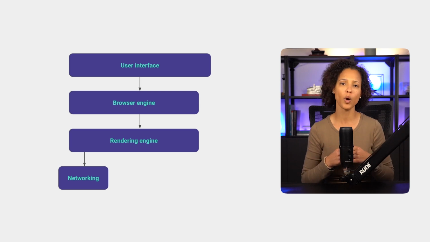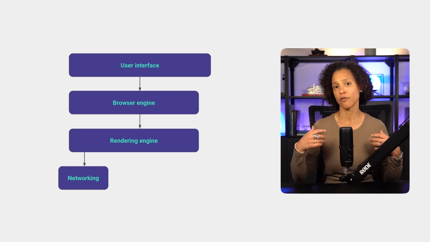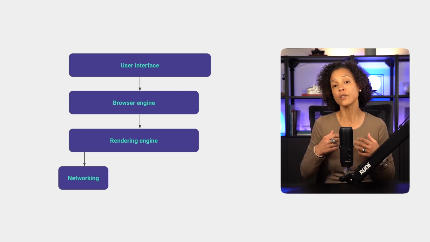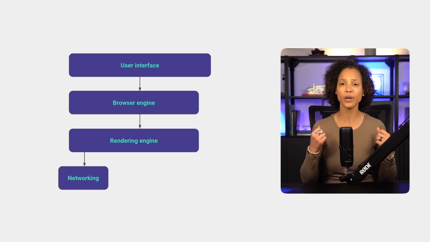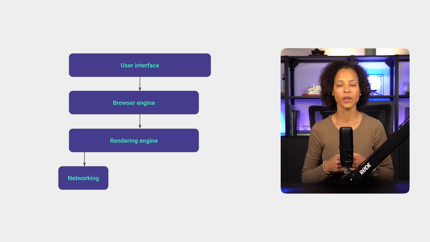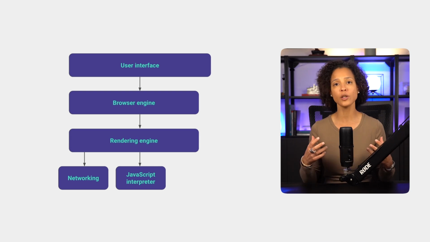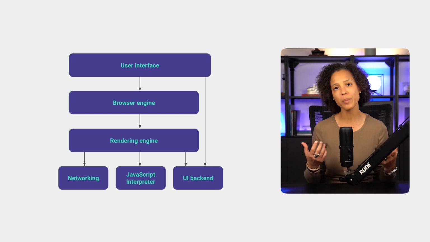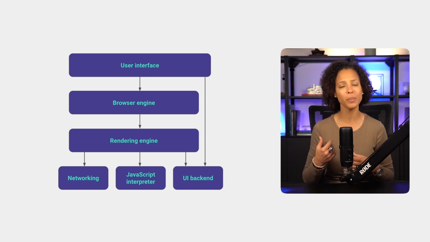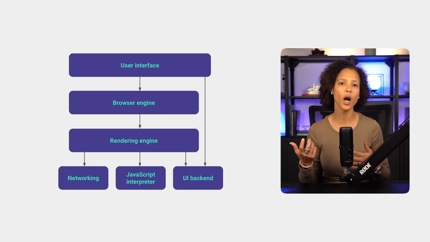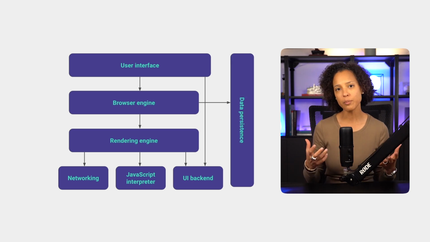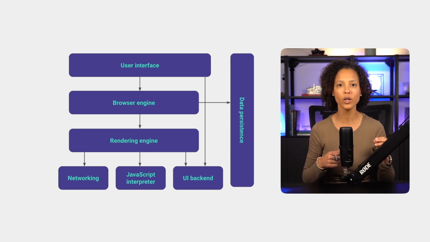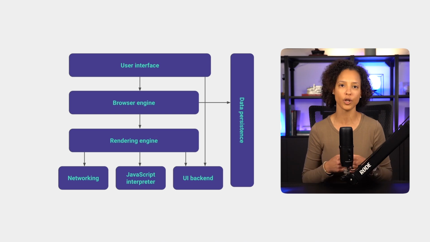The networking component handles things like fetching website data or delivering that data to the rendering engine for display. The JavaScript interpreter executes JavaScript code found on the website. The UI backend is mainly used for drawing basic widgets like windows and combo boxes. The data persistence component is where local data like browser cookies are stored.